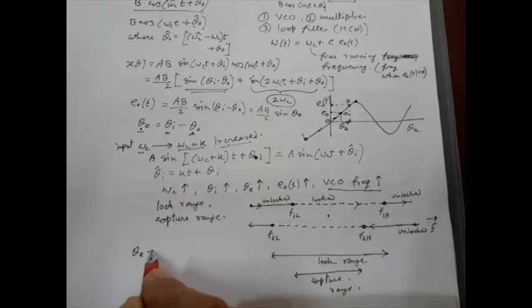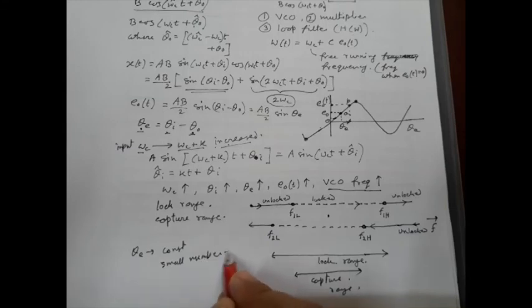Theta E may be almost constant, or a very small number that tends to 0.